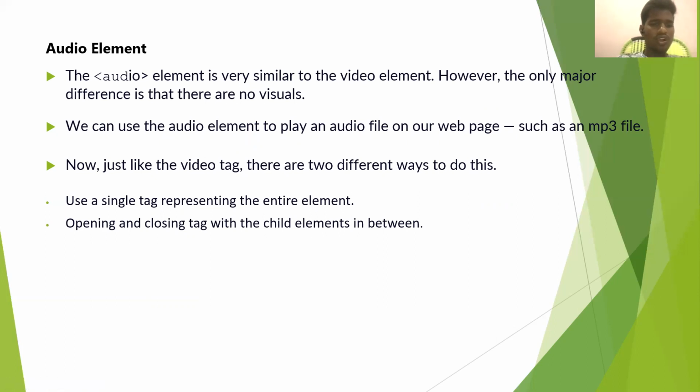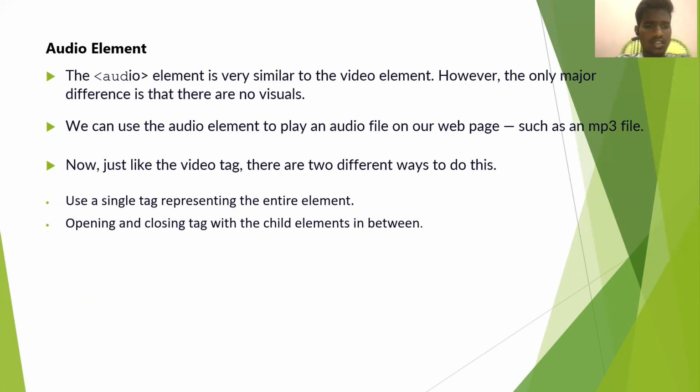We can use the audio element to play an audio file on our web page, such as an MP3 file. Now, just like the video tag, there are two different ways to do this. Using a single tag representing the entire element, or an opening and closing tag with a child element in between. Here, in the video tag, we have the two types. Similarly, here also we have the two types.